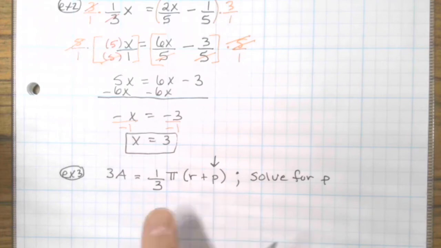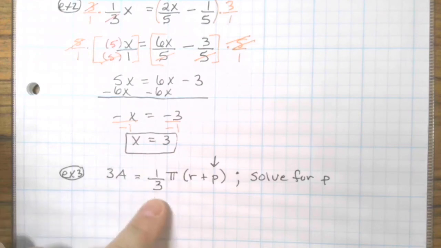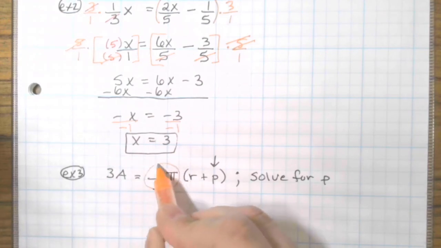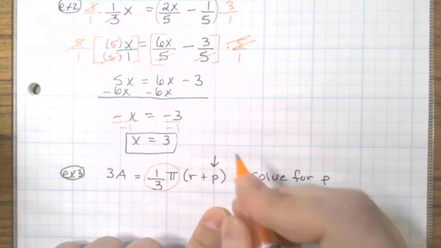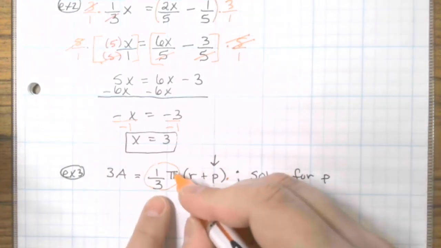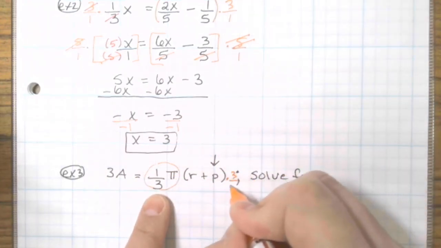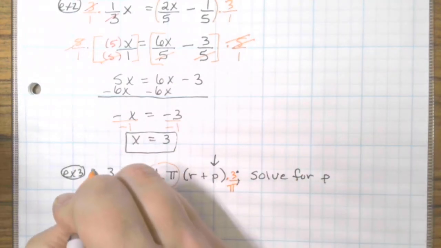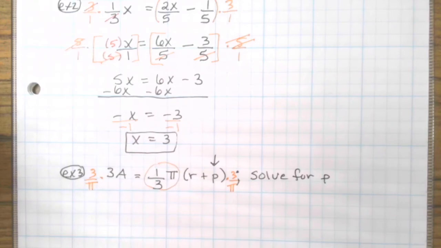So to get it out of that situation, you want to peel off this scalar right here. We want to get rid of that. So to get rid of this, I'm going to multiply the whole right side by its reciprocal, which is 3/pi. Of course, I have to do that on the left, multiply by 3/pi.